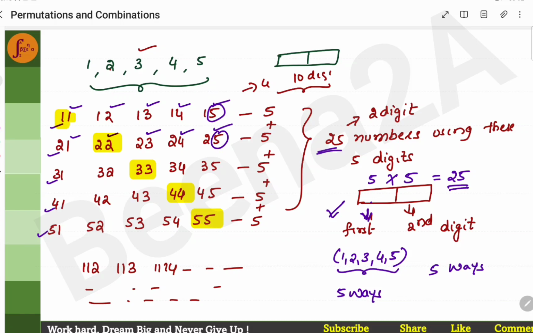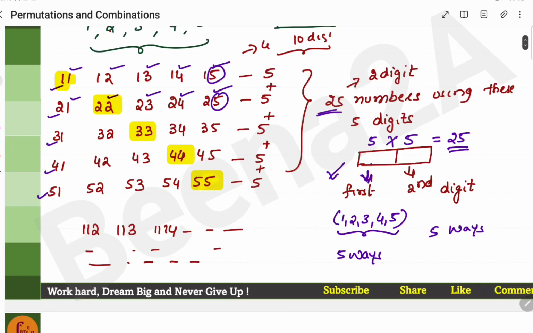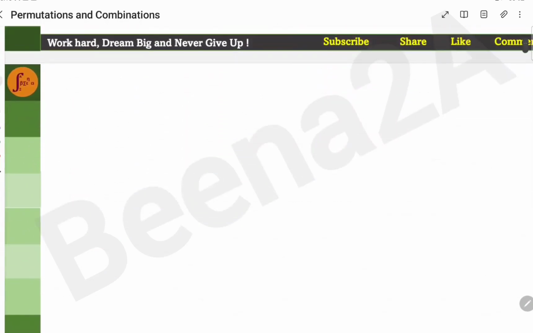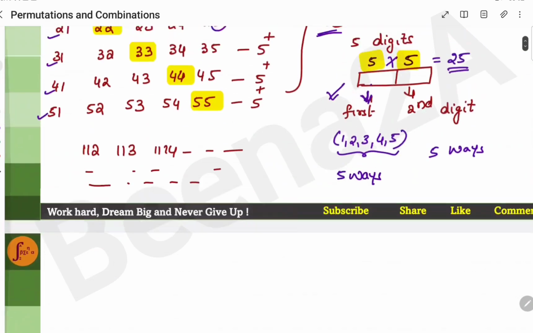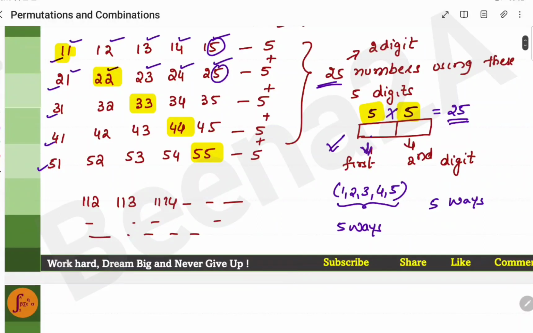Now you could get a question as to, when you are forming the arrangements, do you want repetition or not? If you want repetition, then it is 5 into 5, correct? Now say I don't want repetition. So what will happen? I'll cancel these arrangements.